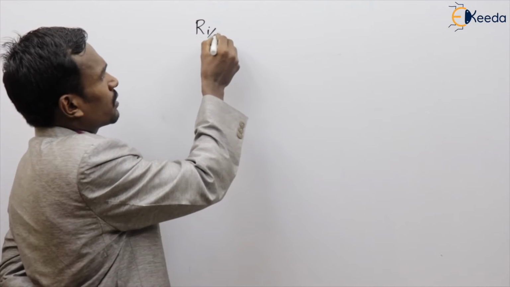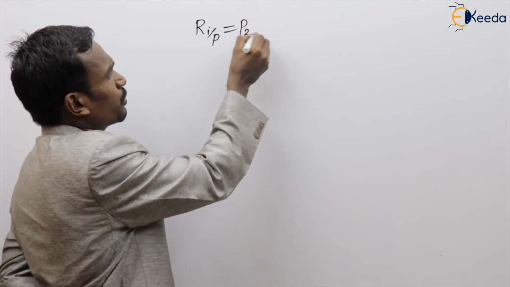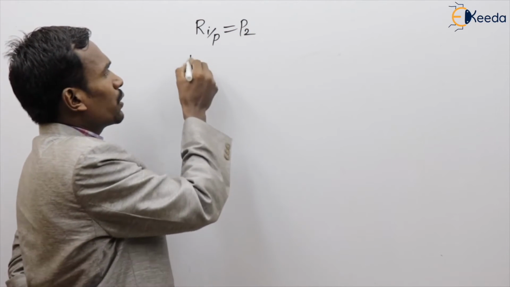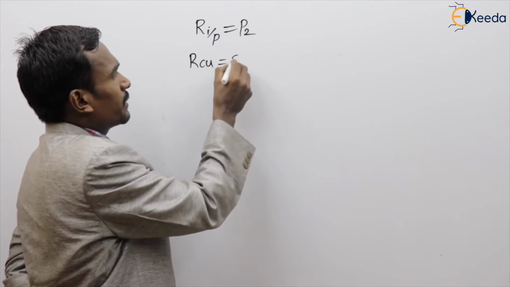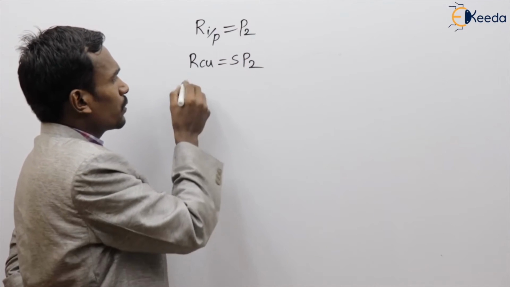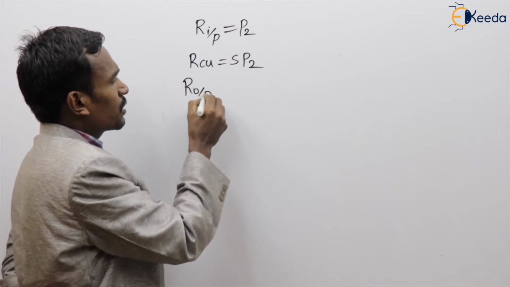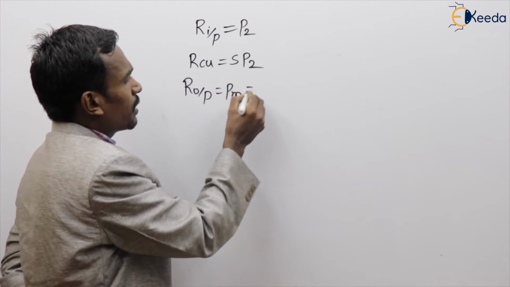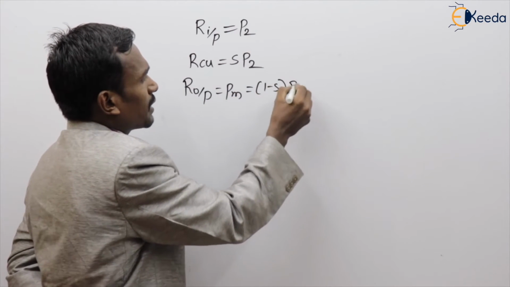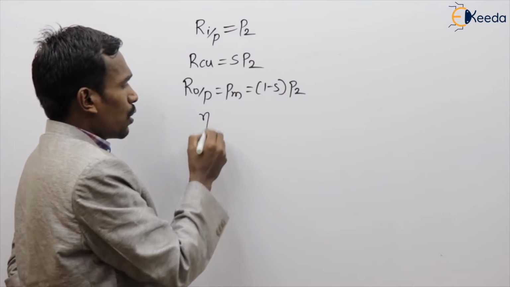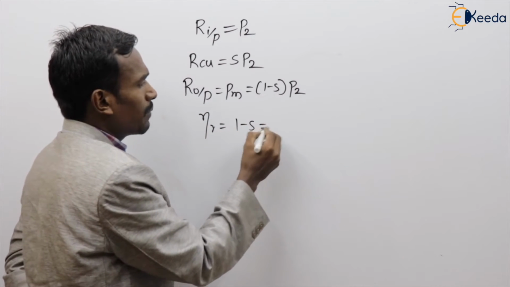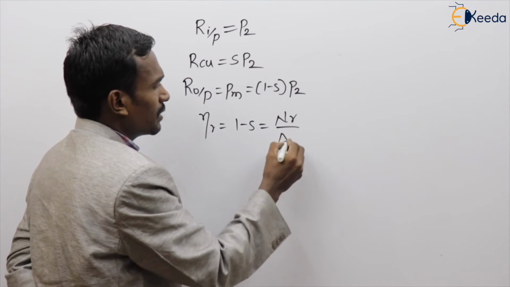Rotor input is equal to P2. Rotor copper losses is equal to S into P2. Rotor output is equal to PM, which is equal to (1 minus S) into P2. Rotor efficiency is 1 minus S, or NR by NS.